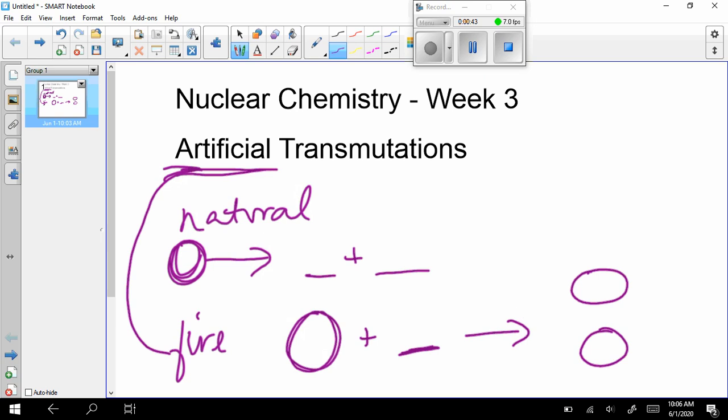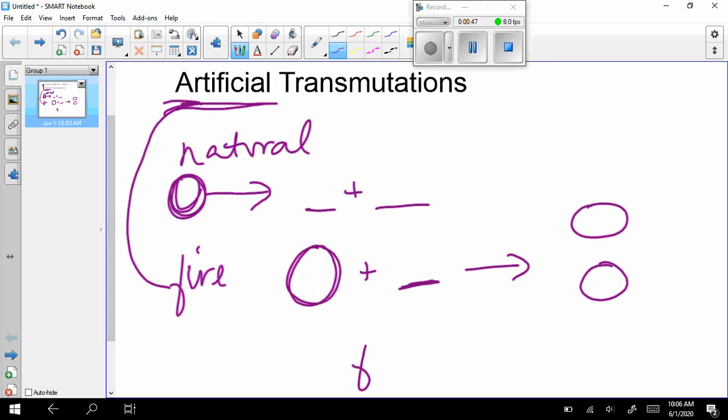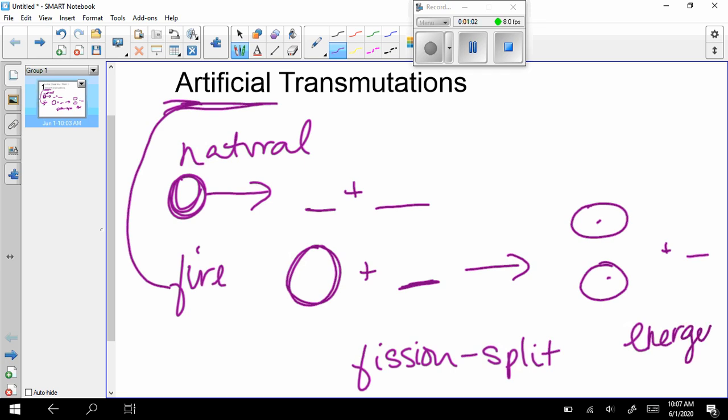Usually, like this example right here, is what we call fission. Fission means to split a nucleus, and it will break into these 2 different nuclei, and sometimes it even breaks into more than that. But what it always releases is a lot of energy.